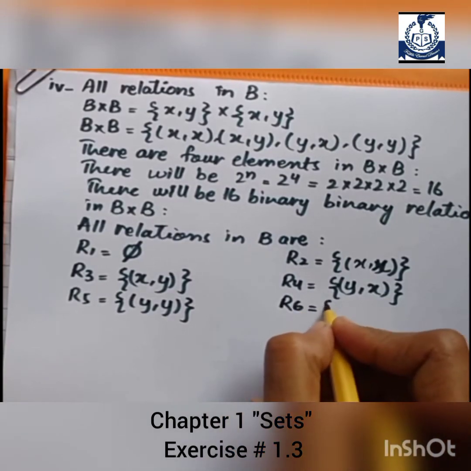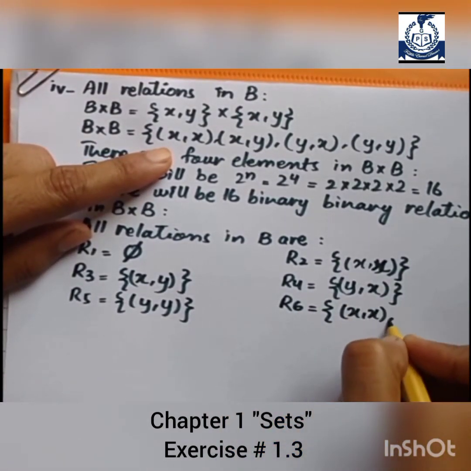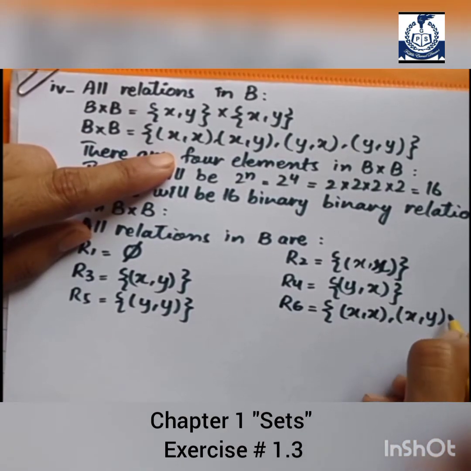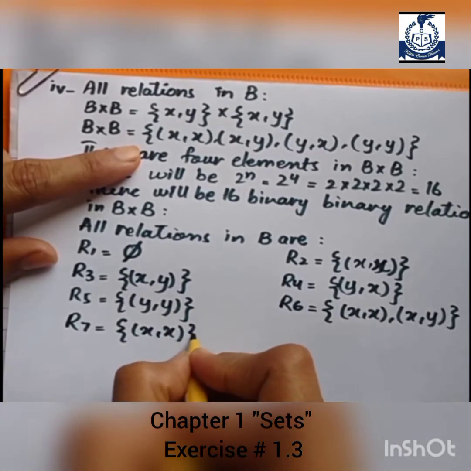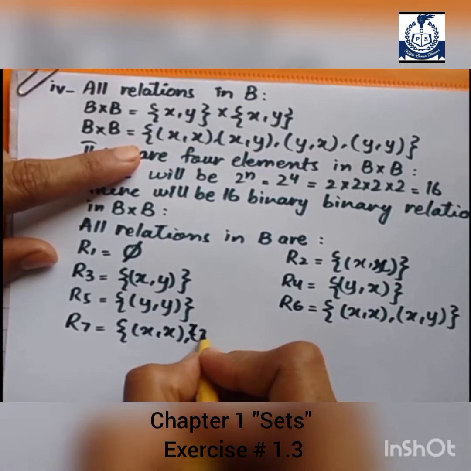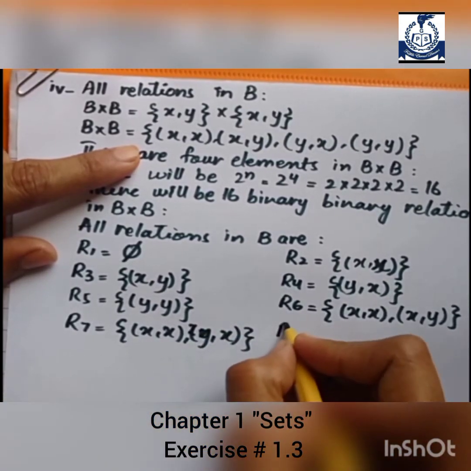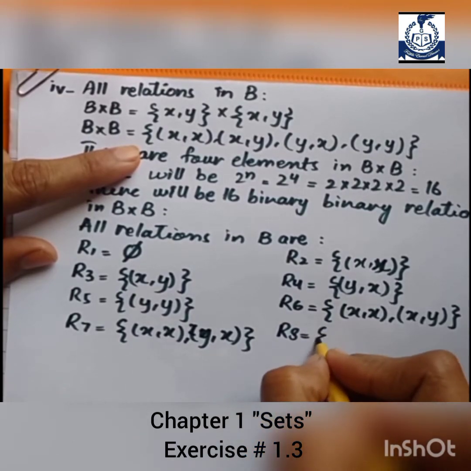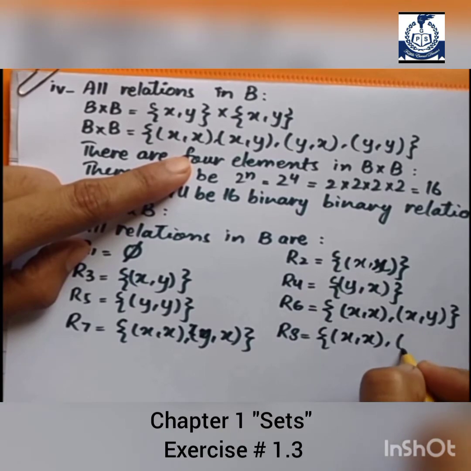Now we will write two elements. R6 is equal to (x, x), (x, y). R7, relation 7, is (x, x), (y, x). R8, which is relation 8, is equal to (x, x), (y, y).